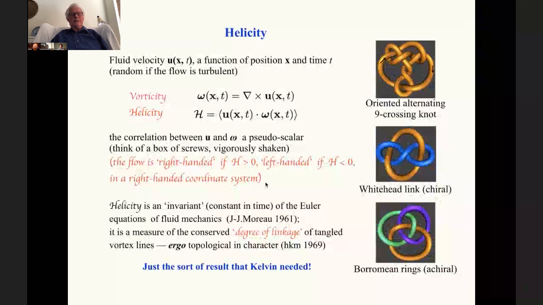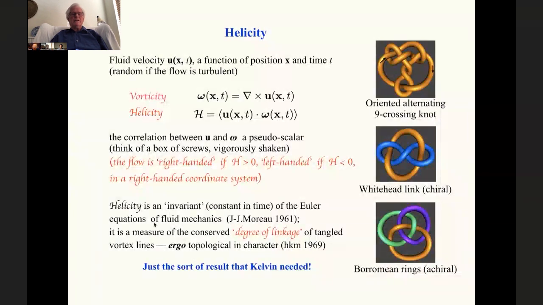Well, it's an important concept because it turns out to be an invariant, constant in time, an invariant of the Euler equations of fluid mechanics, ideal fluid mechanics, a result first found by Jean-Jacques Moreau in 1961.